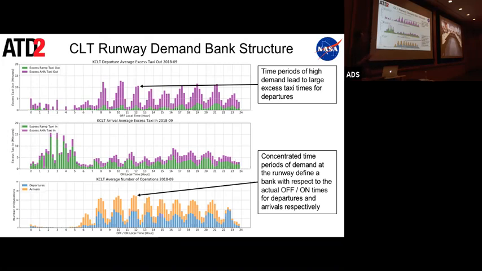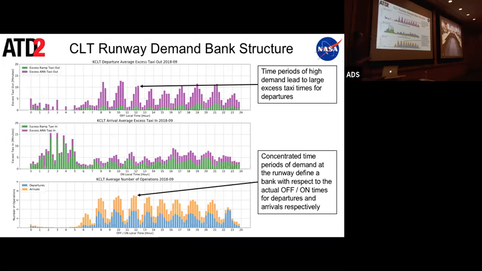The top graph is what we call the excess departure taxi time. That is the amount of time the departures are spending taxiing on the surface of Charlotte, but then we subtract out what we call the unimpeded or undelayed taxi time. So the excess taxi time is really a nice way for us to say delay on the surface of the airport.